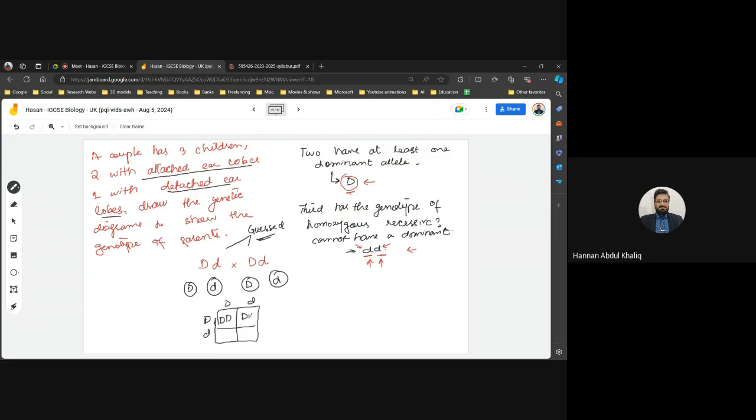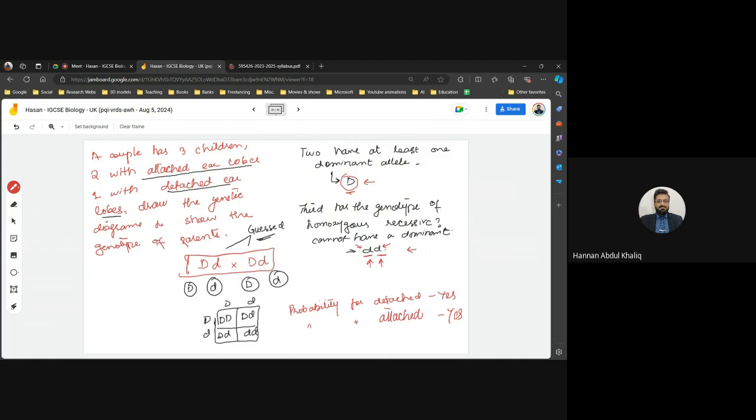D D, D d, D d, d d. Now tell me, does this Punnett square contain the probability for a detached earlobe? Yes. But does this contain the probability for attached? Yes. So it means there is a high chance that the parent genotype would be like this.